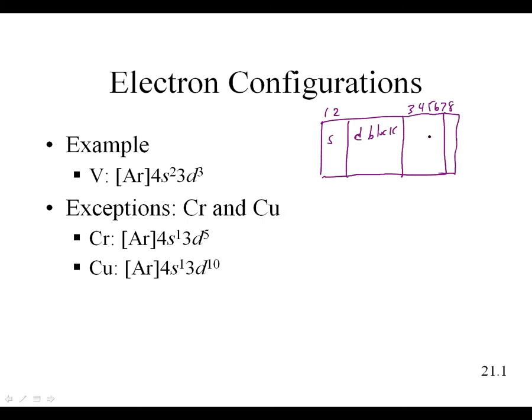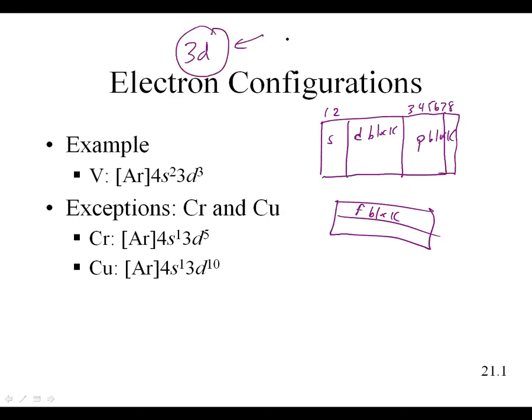That's our P block, right? In terms of electron configuration, the 2 rows there on the bottom are our F block. So when we look at transition metals in terms of electron configuration, they start at the 3d, because that's the first energy level where we actually see d electrons occur.